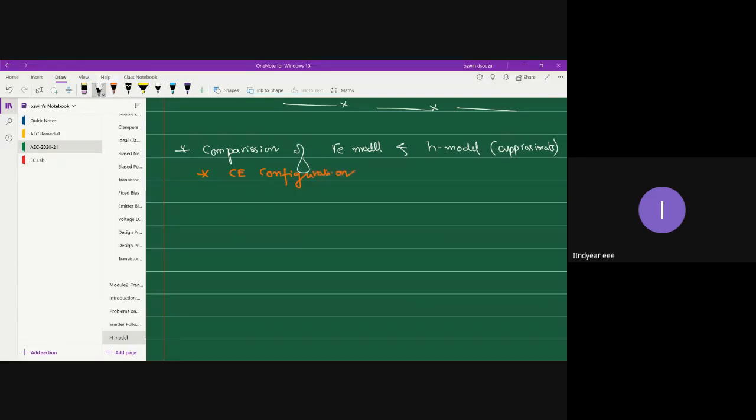On one side, let me draw the RE model in CE configuration, and on the other side, let me draw the H model in CE configuration. Remember, for the H model, I'm considering the approximate hybrid model. So the RE model of CE configuration looks like this.